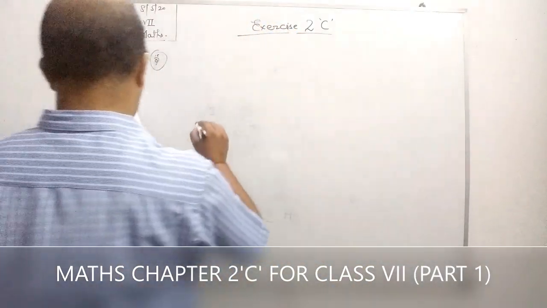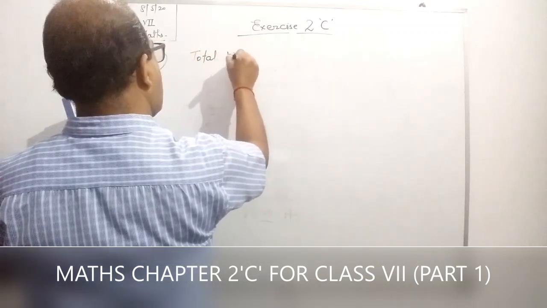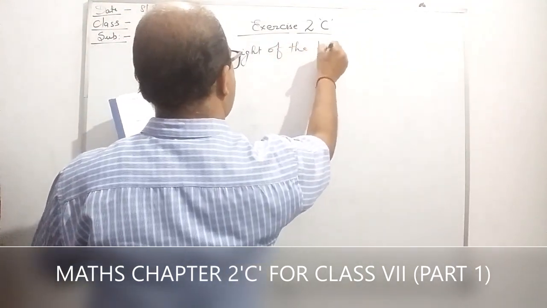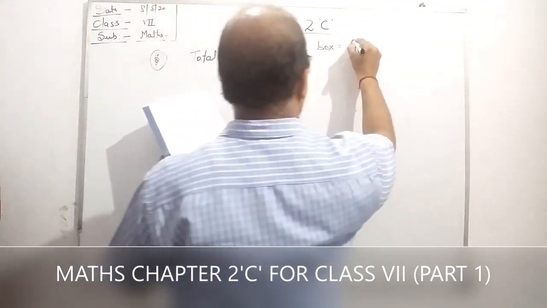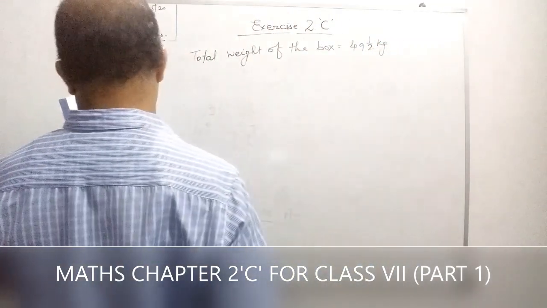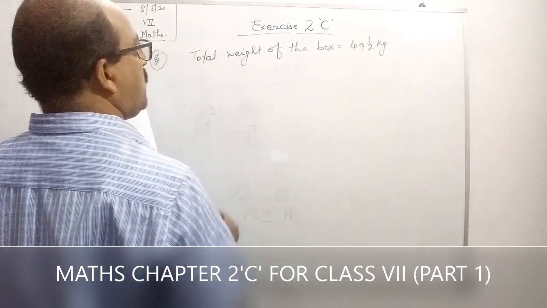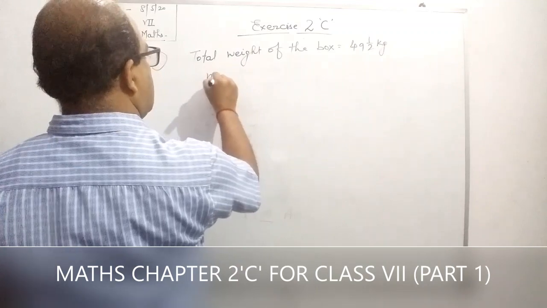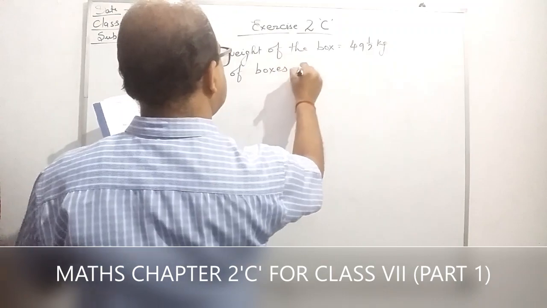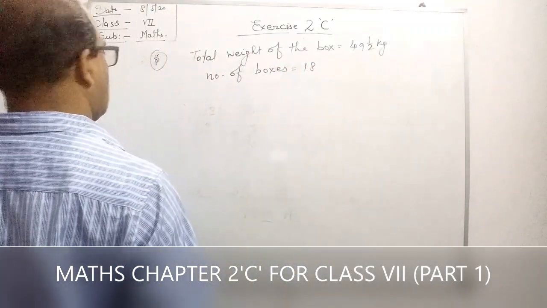So the total weight of the boxes is 49 whole 1 by 2 kg, and the number of boxes is equal to 18.